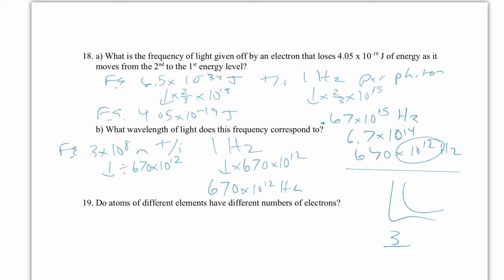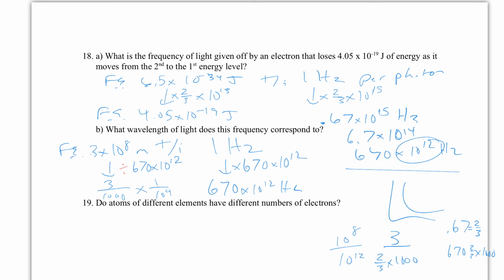is, I know 0.67 is 2/3. So that means 670 is 2/3 times 1,000, which means that when we do the inverse of this, we're going to end up with 3 over 2, 6 over 2, which is 3 thousandths, times, we got 10 to the 8th divided by 10 to the 12th, which means we're going to leave 4 tens on the bottom.